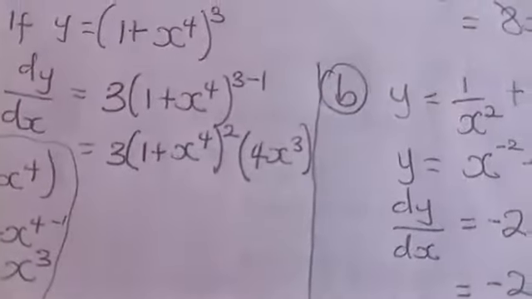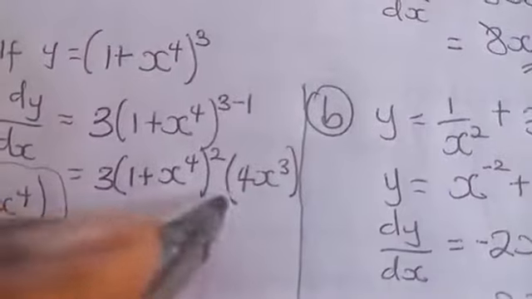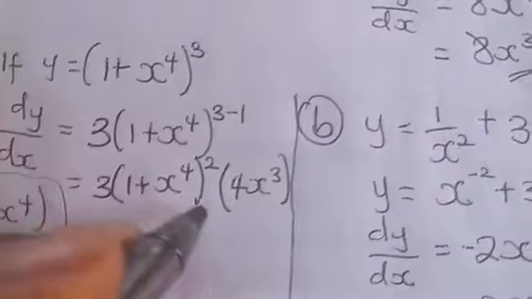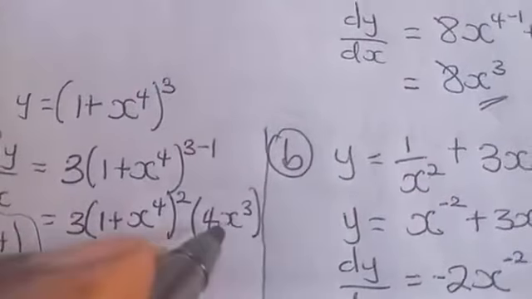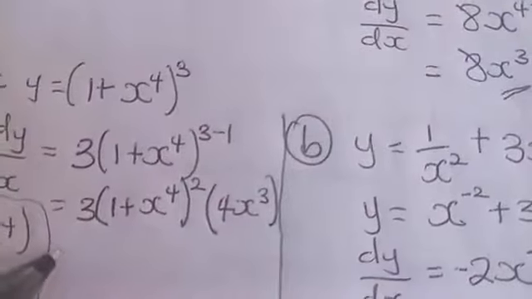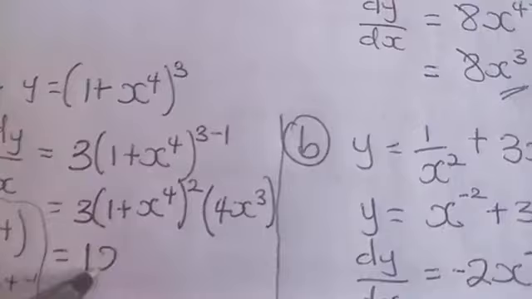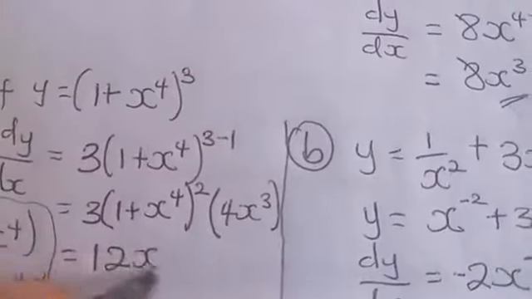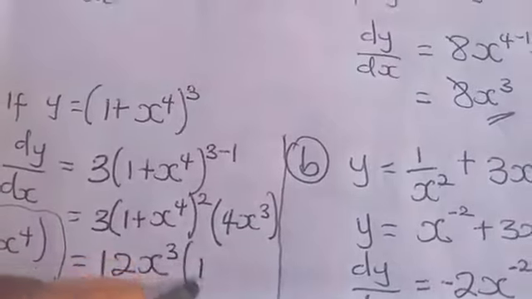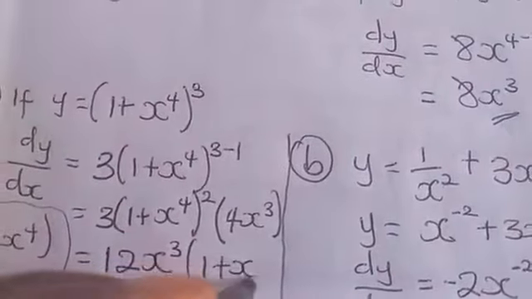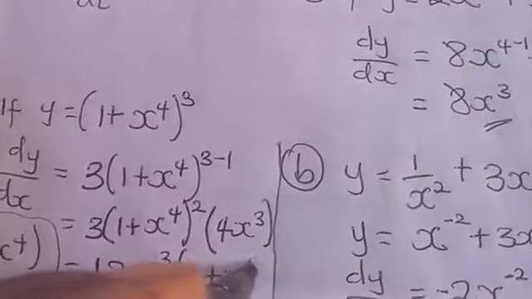Right? So the next thing is for us to multiply this. Multiplying this, we are going to have 3 times 4x raised to the power 3, giving us 12x raised to the power of 3, multiplying (1 plus x raised to the power of 4).